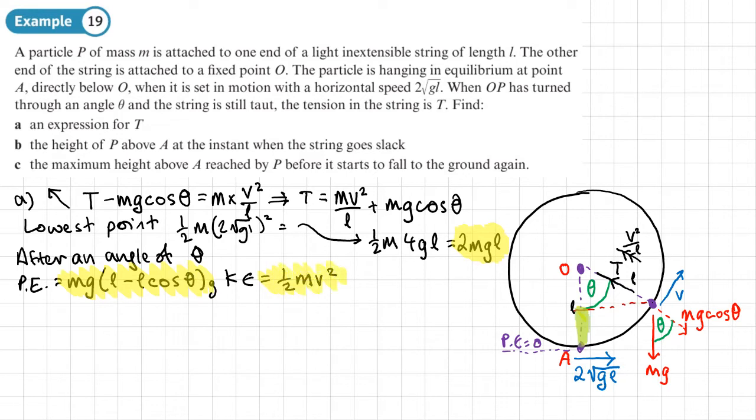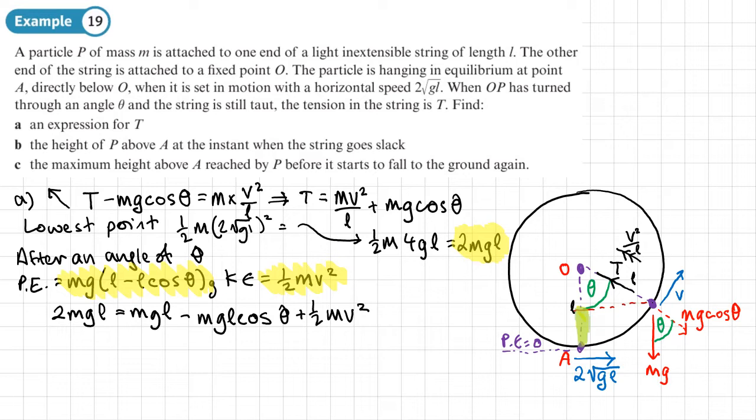So now we can write down that 2mgL, the total energy at the bottom, is equal to, and I'm going to expand the brackets of this part here, mgL minus mgL cos theta plus half mv squared.